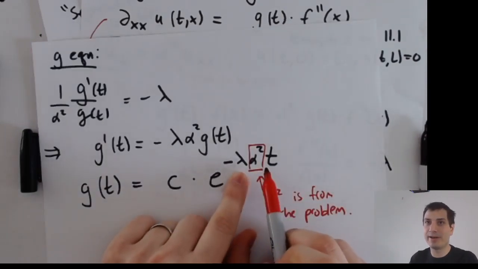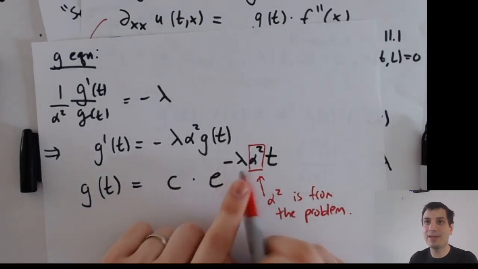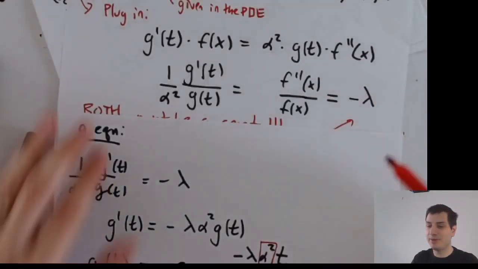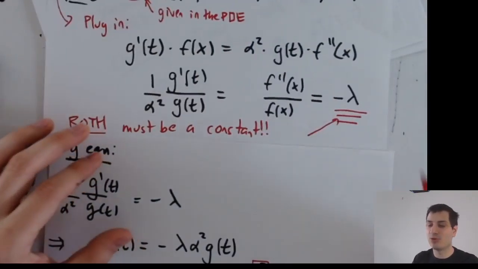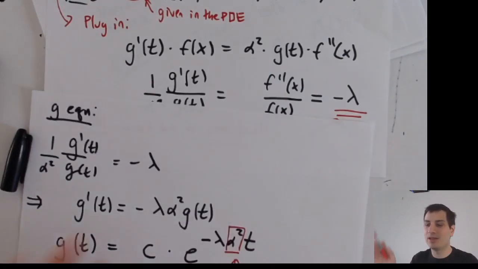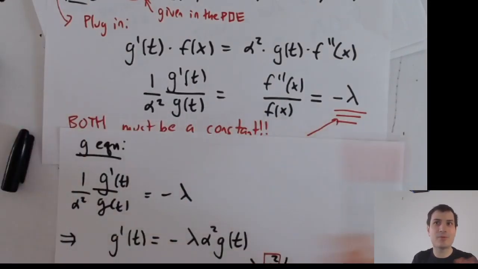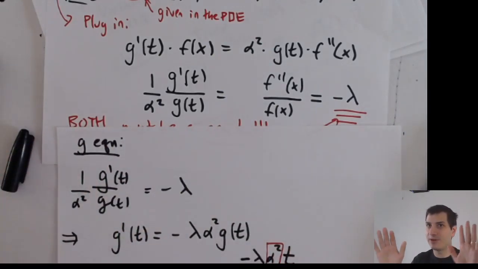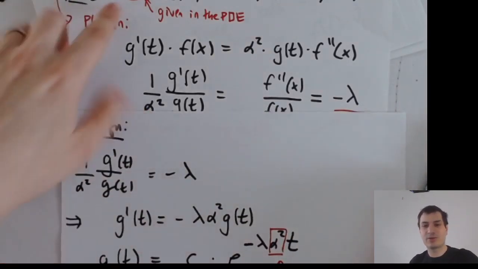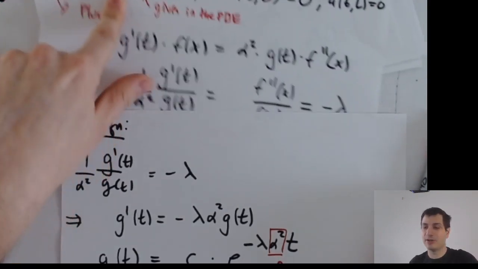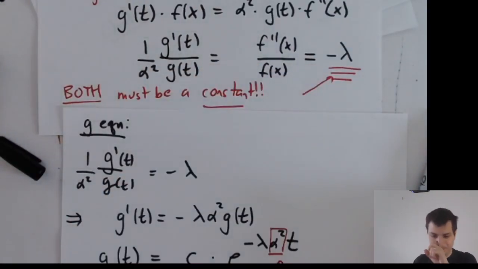Alpha squared, I'm pointing out, is a real life thing, but lambda is some made up slippery thing. Lambda is the lambda from here. So lambda is not a real life thing yet. Lambda is some constant that we made to make this equation work. So we'll see what lambda is in a sec, but for now it's not as real as alpha squared. Alpha squared is some honest real life parameter. Lambda is this funny thing.